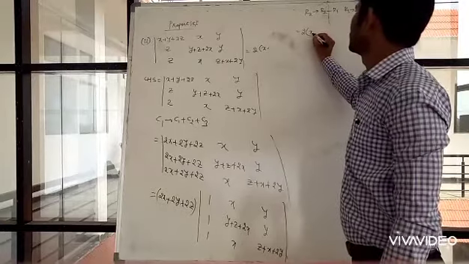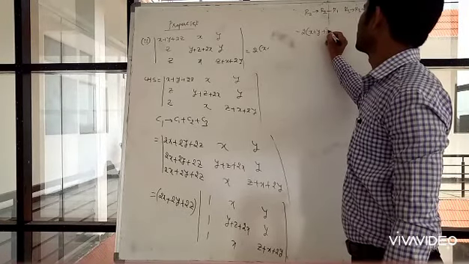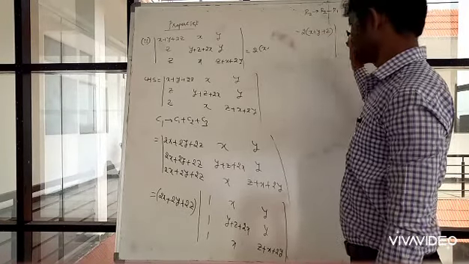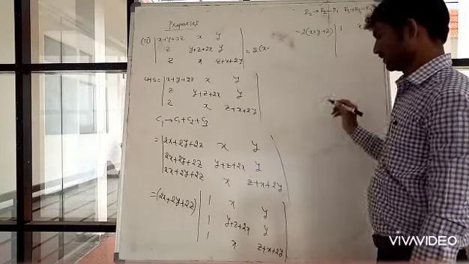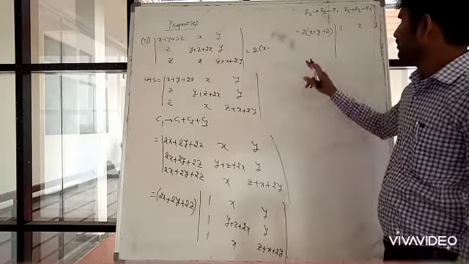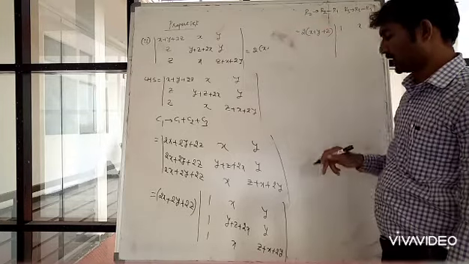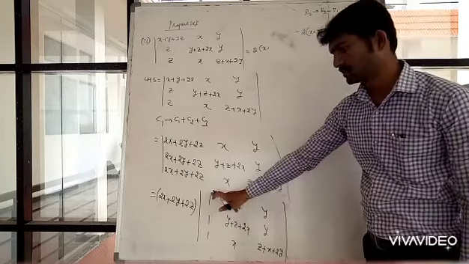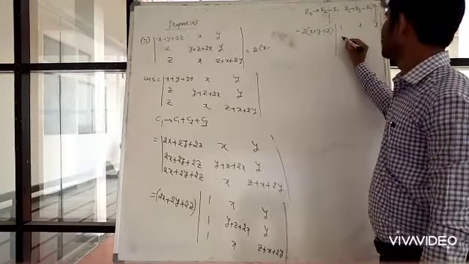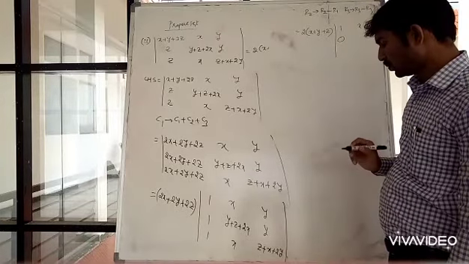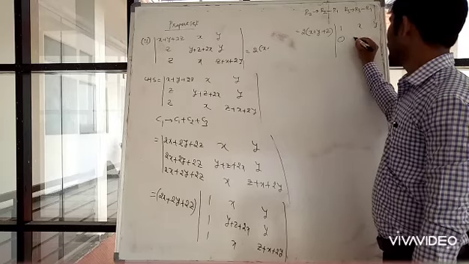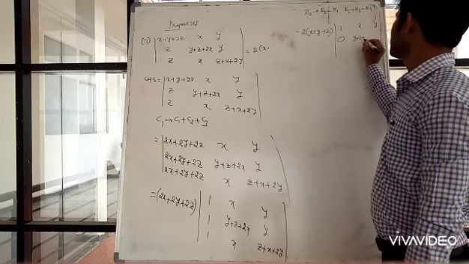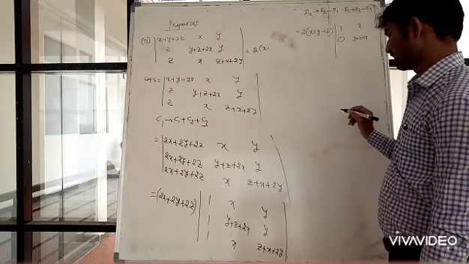Like 2 outside, inside x plus y plus z. Determinant first row as it is, 1, x and y. Second row, because we are operating on R2 minus R1, 1 minus 1, corresponding element, 1 minus 1 is 0. y plus z plus 2x minus x, that is y plus z plus x only.